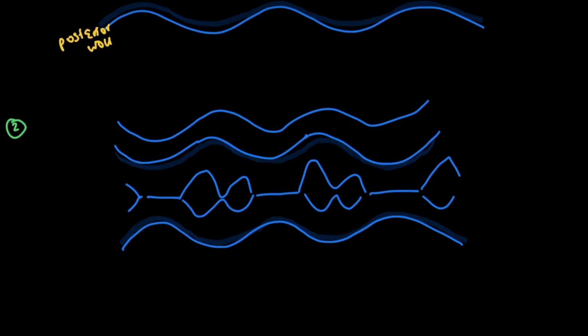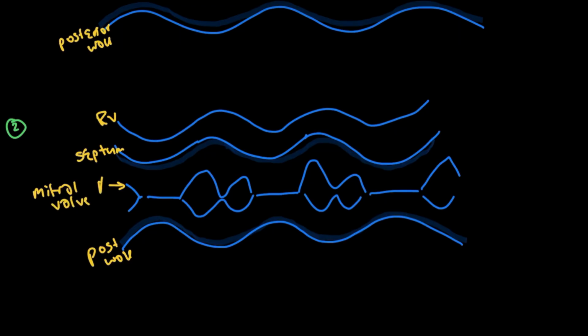Okay, so again, let's label what these would correspond to. So this is the posterior wall of the left ventricle. This is the septum. This is the RV. And then this is our anterior leaflet of the mitral valve.